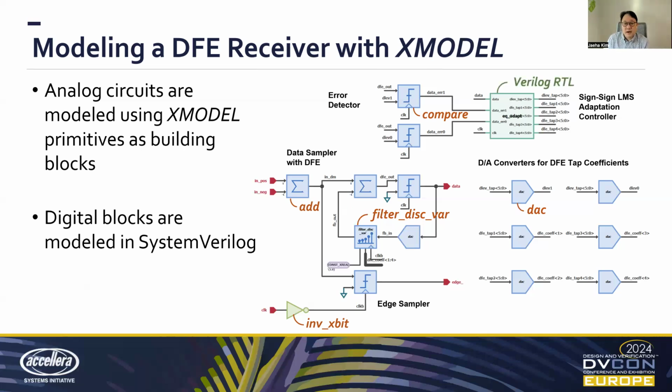And let's not forget about the digital adaptation controller, the Sign LMS controller. Since XMODEL is fully compliant with SystemVerilog, this part can be written in pure Verilog RTL and seamlessly work with the other parts of the circuit, which are analog.